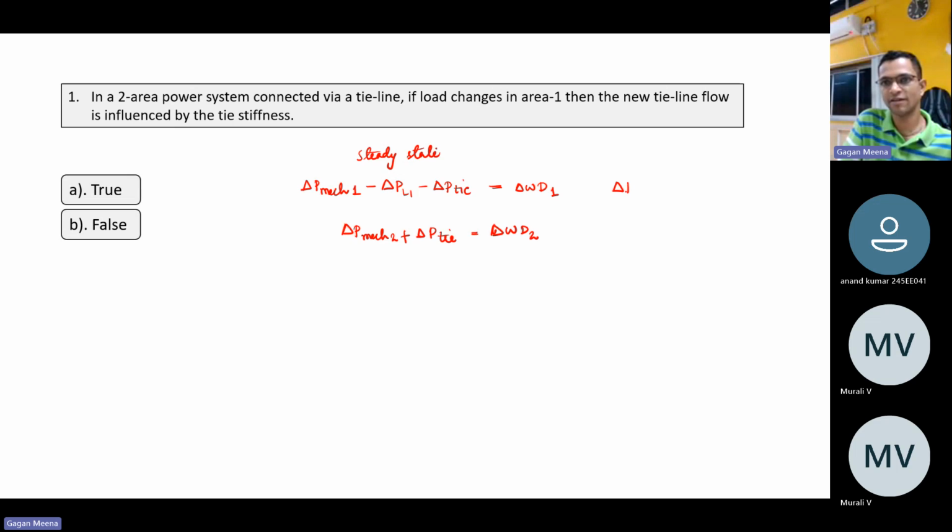And we also know that the change in generation for area 1 is minus delta omega by R1, and for area 2, minus delta omega by R2. If we substitute here, then minus delta PL1 is equal to delta omega times D1 plus 1 by R1.